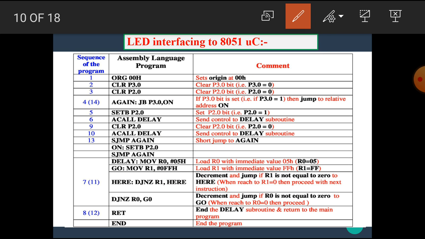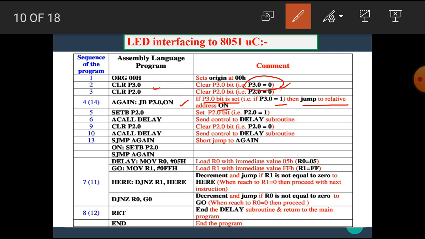After execution of this instruction, the P2.0 pin has the value 0. The next instruction is JB P3.0, on. That means if the P3.0 bit is set, that is the P3.0 pin is 1, then jump to the relative address on. But here the P3.0 pin is 0, hence there is no jump to on, because this condition is unsatisfied.